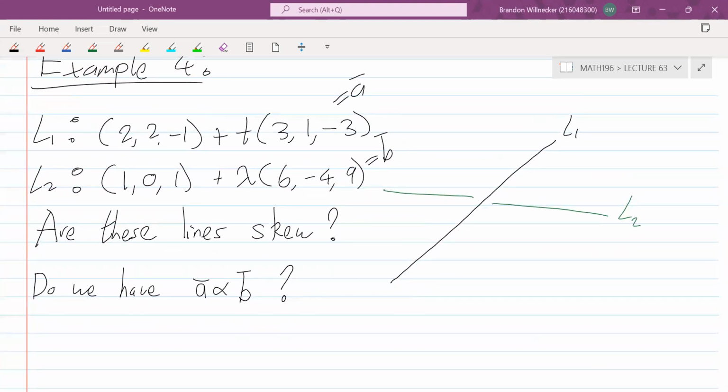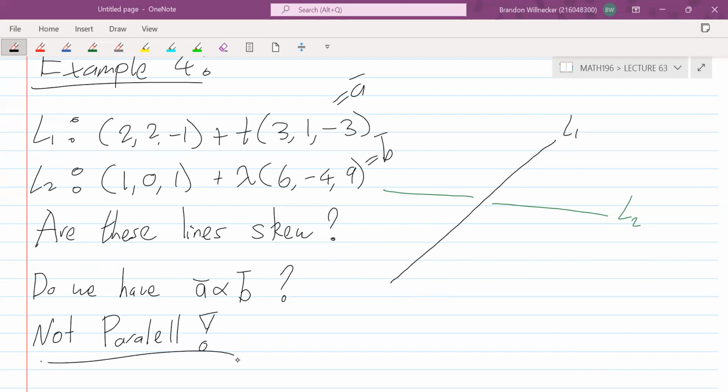Okay, so no, there isn't. We can't have a multiple of A that gives us B, so they are not parallel.